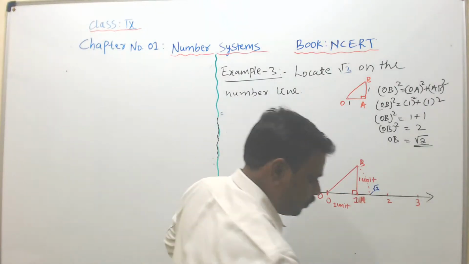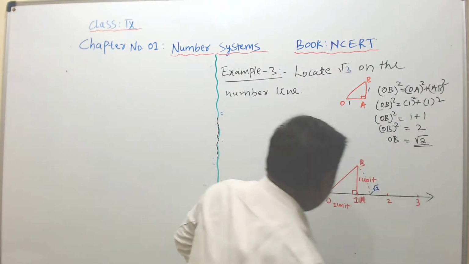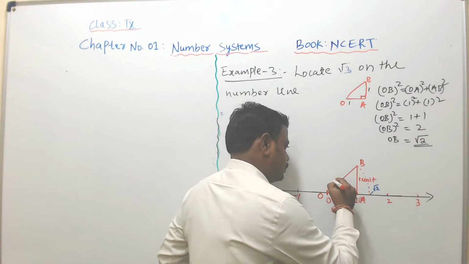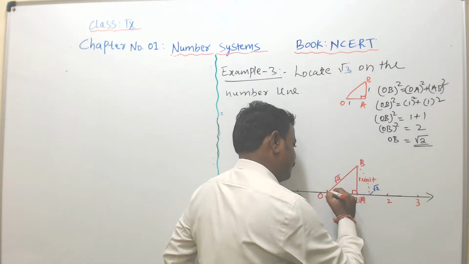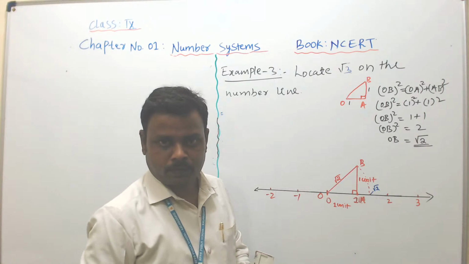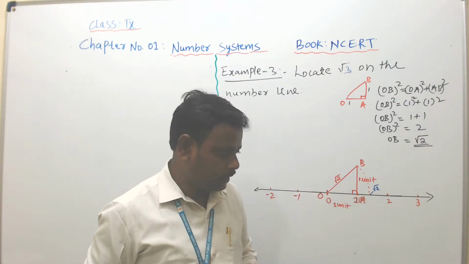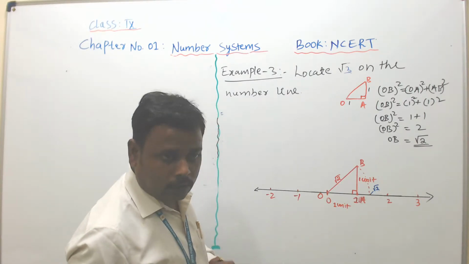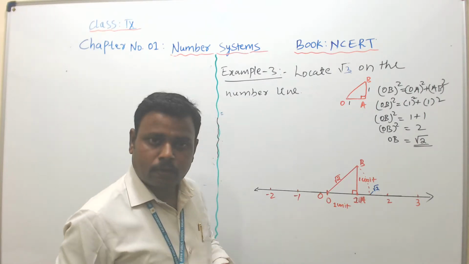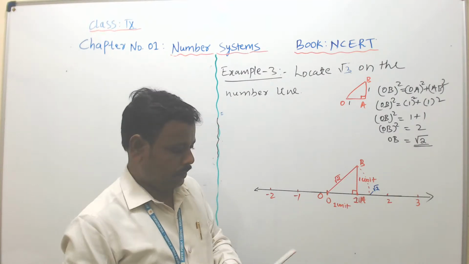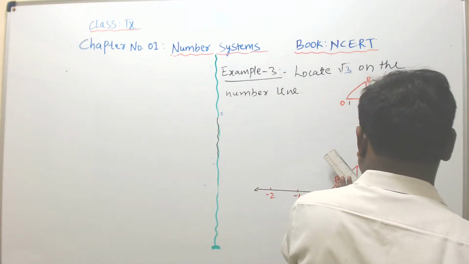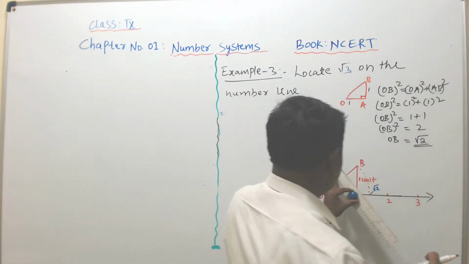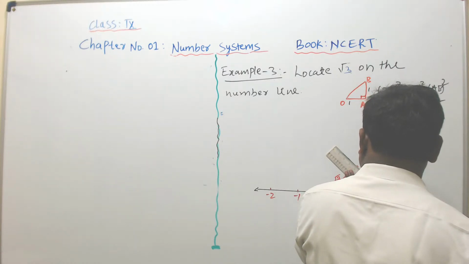So this line is root 2 on the number line, that is between 1 and 2. The next, root 3 on the number line. Locate root 3. Root 3 is an irrational number. Next, listen. We have to draw, with B as a center, one more perpendicular line.